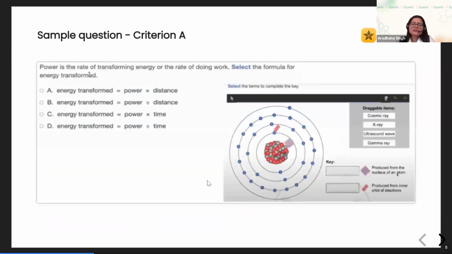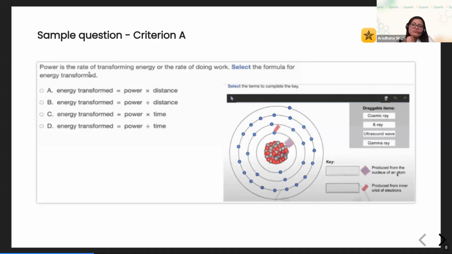This is one example of criteria A type question. In the formula booklet, you will get the formula for power, and that is power is equal to energy upon time. But this question is framed in a different way. It is not asking directly the formula you usually see for power, right?